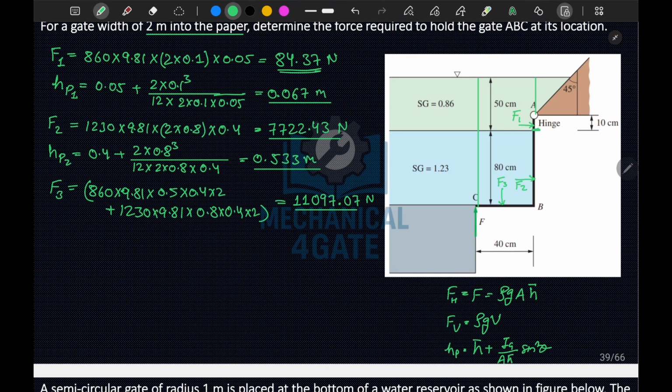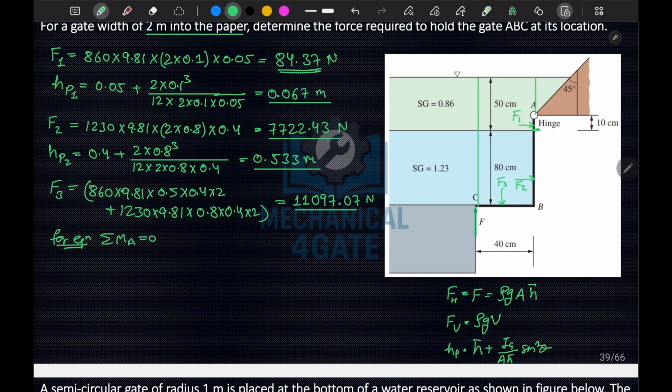Now for F1, since we have to calculate this force F, what we can do for equilibrium is that the summation of moments for this plate about hinge A should be equal to 0.